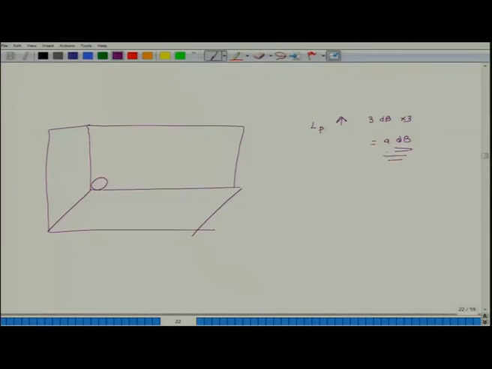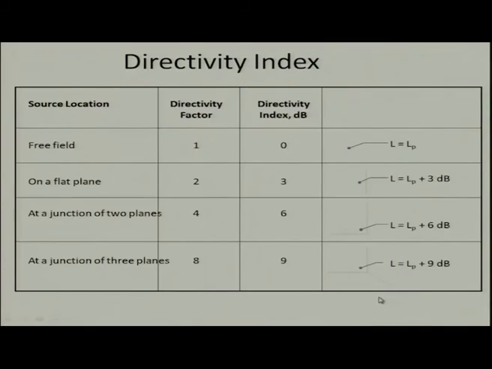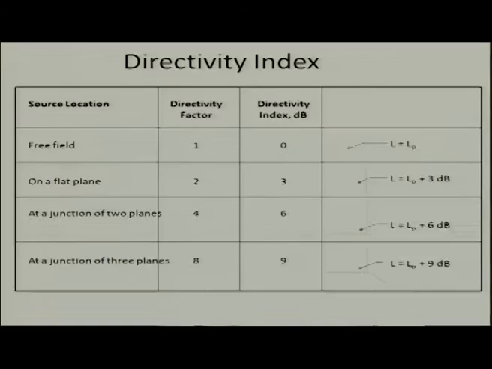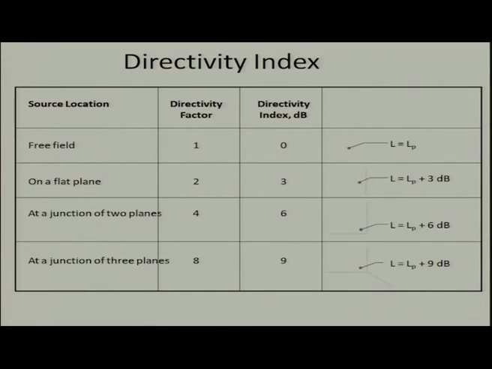So, just very quickly we will see one last slide for today, that because of the presence of reflecting surfaces, there is an additional directivity factor. So, if it is in a free field, meaning no reflecting surfaces whatsoever, then whatever LP we are calculating is fine from the formula which I had expressed earlier.